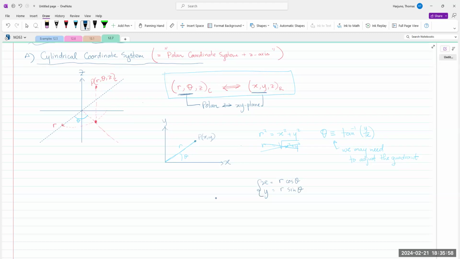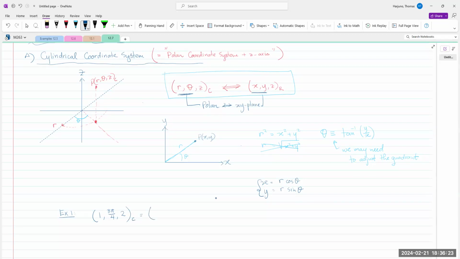Okay, now let's say for example, call that example 1. Suppose we have (1, 3 pi over 4, 2) in cylindrical coordinate system.